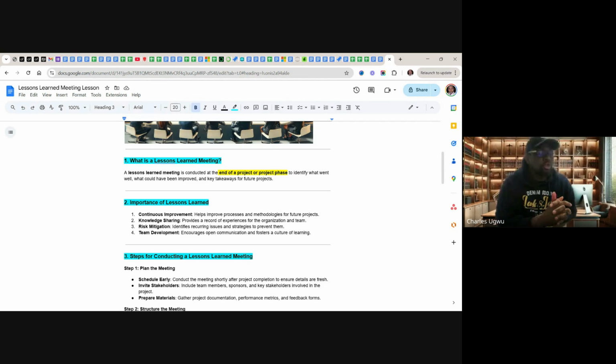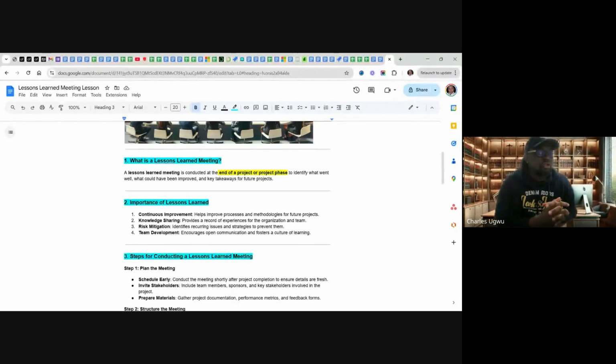Then knowledge sharing. Provide a record of experience for the organization and team. This is the way the project management office, call them PMOs, build a knowledge base.